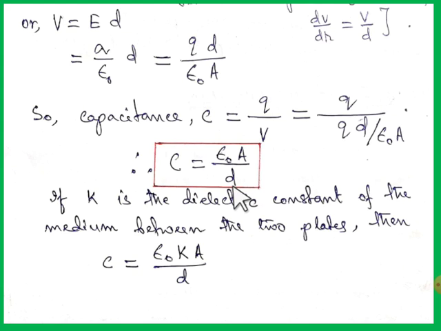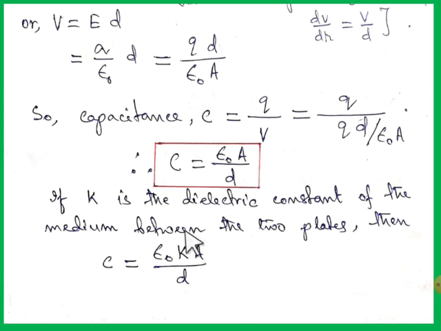So what happens? Its capacitance increases, okay. If this distance decreases, then the capacitance will be large, because they are inversely proportional. If this is small, this will be large. If this is large, then capacitance will be what? Small, okay.